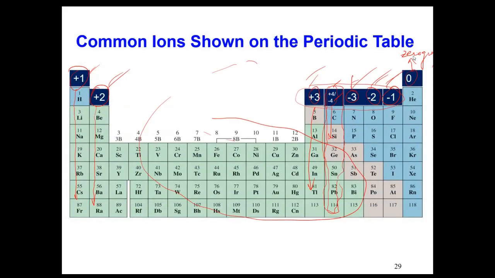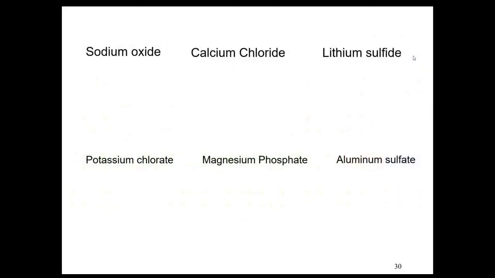Okay students, now how to write a formula. Here are some examples. Sodium oxide. Now listen carefully. What is the symbol for sodium? Na. What is the charge on sodium? It is present in group 1, so it is +1. You will write it like this. And oxide, it is present in group number 6, so the charge will be -2.